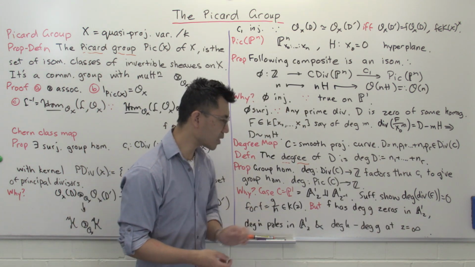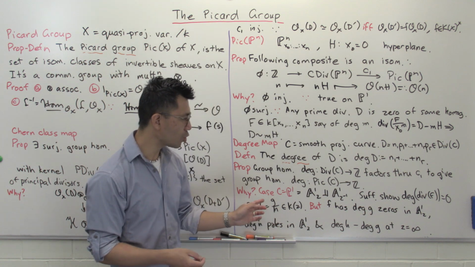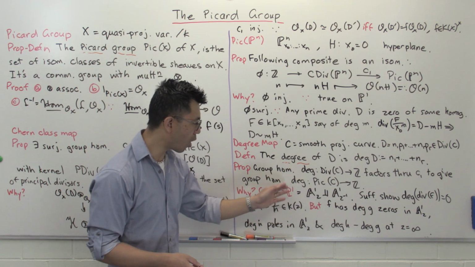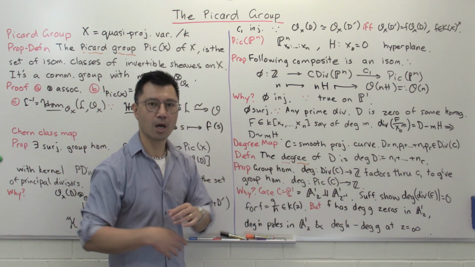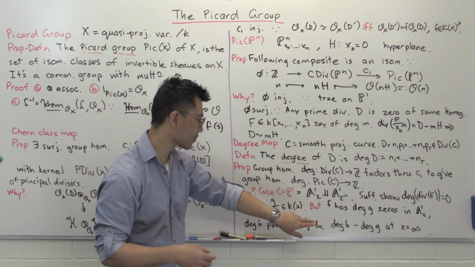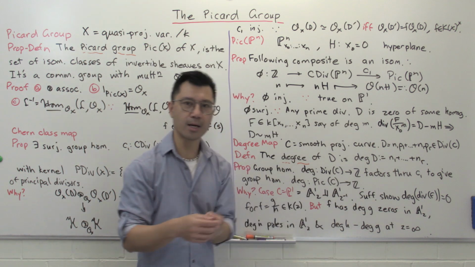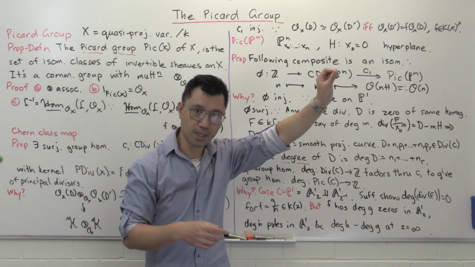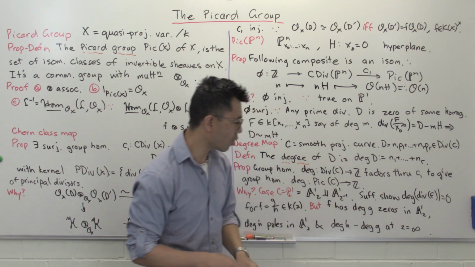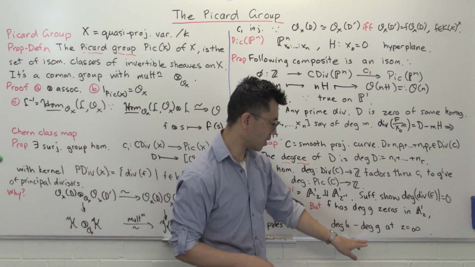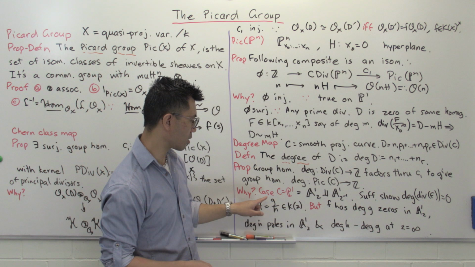But what else does g do? You want to look on the whole of P1, so we've looked on the A1Z, so there's an extra point at Z equals infinity. If you have a polynomial of degree g, like this, then it's going to shoot off to infinity there, so there's a pole. So it contributes also degree g to the order of the pole at Z equals infinity. So that's the effect of g.